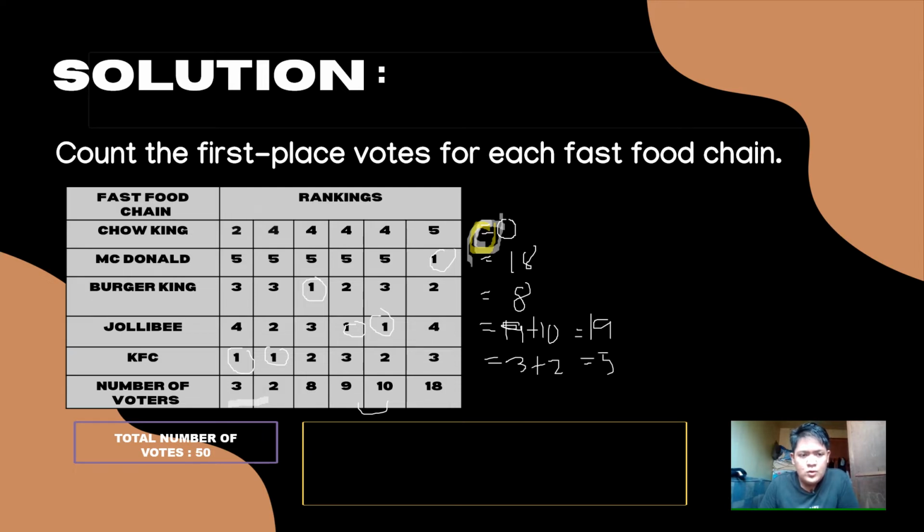Then the majority winner is Jollibee, which has 19 votes. To get the equivalent percentage, 19 divided by 50 total votes equals 0.38, or equivalent to 38%.